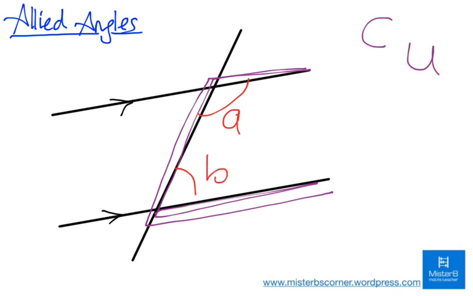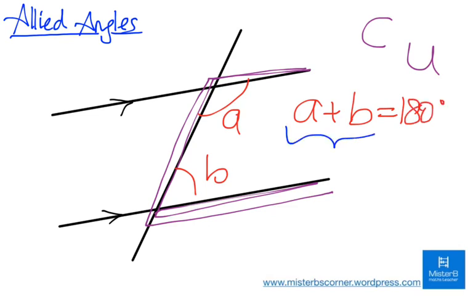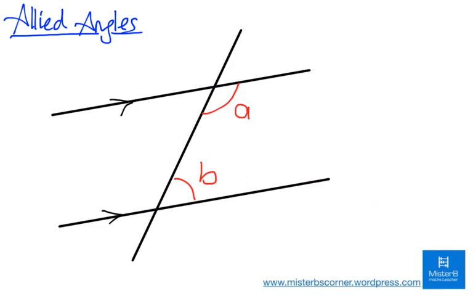So you can say A plus B equals 180 degrees, and we call these angles allied angles. Now the idea is that basically you have B as corresponding angles here. This angle and this angle, these two are equal because they are corresponding angles, right?